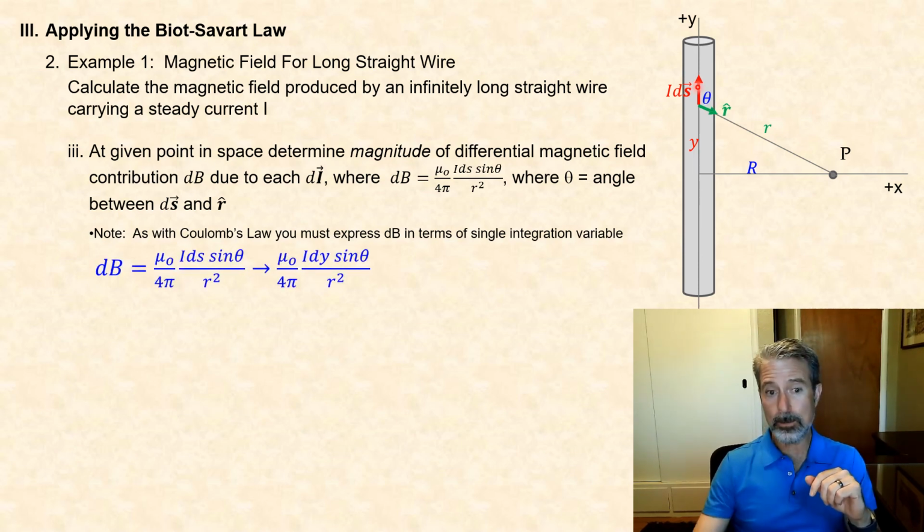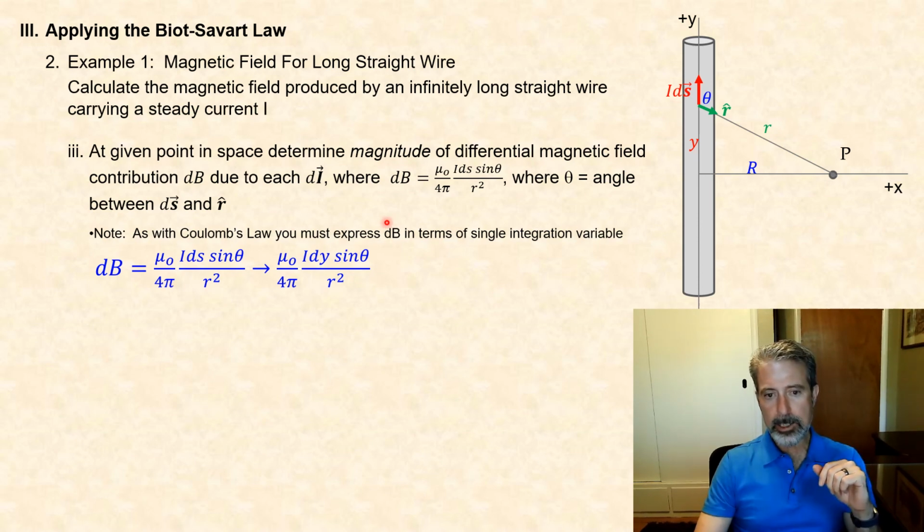If you notice, when we look at this expression for dB, the Biot-Savart Law gives us I ds sine theta over r squared, times this constant mu naught over 4 pi. Well, we will let ds, the magnitude of ds, become dy, since it is a displacement in the y direction.